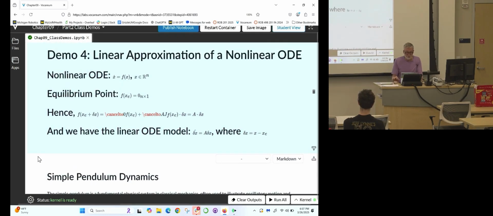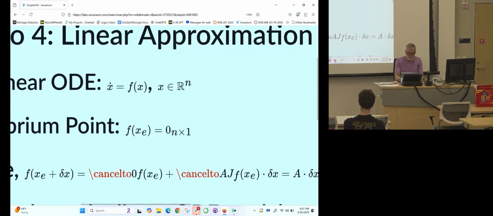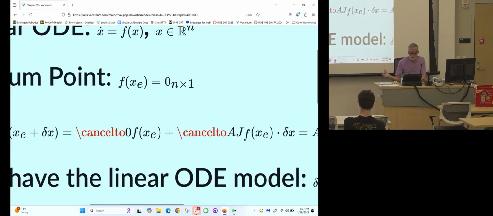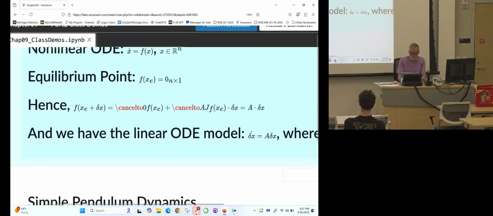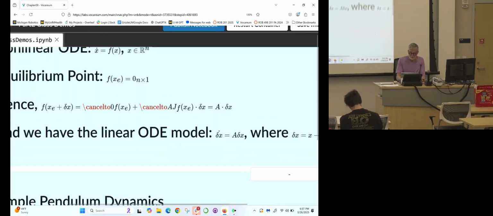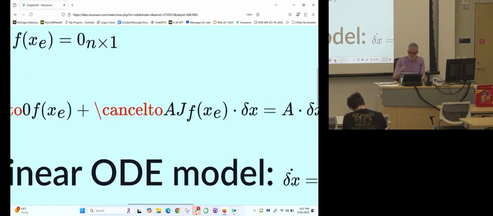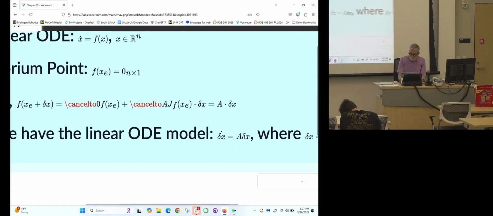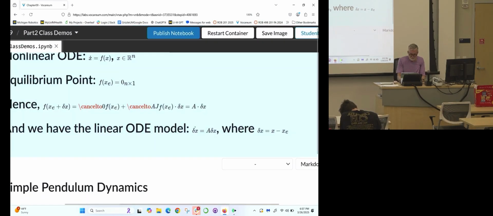So we start out with this nonlinear ODE, we use NLsolve to find the equilibrium, we use ForwardDiff.jacobian to calculate the Jacobian, we get a constant matrix, and we form our linear approximation.